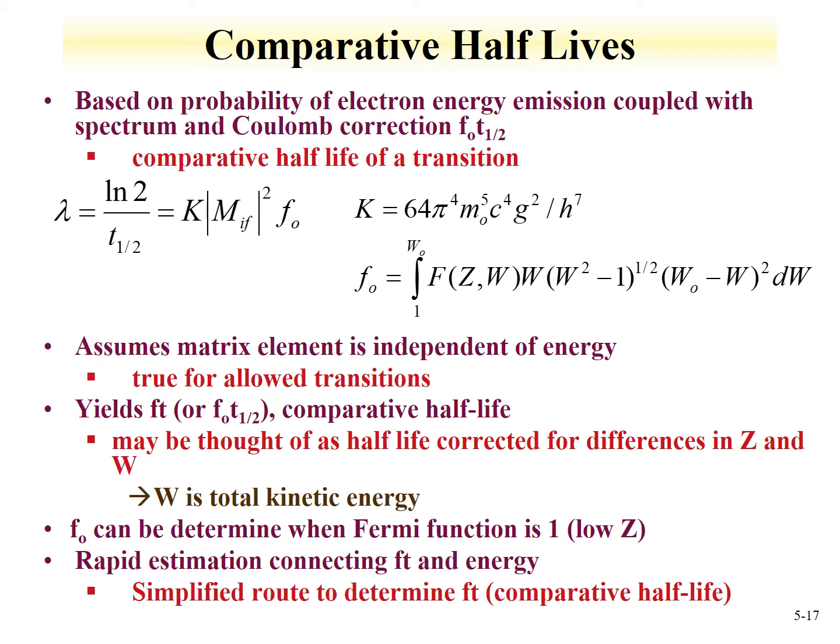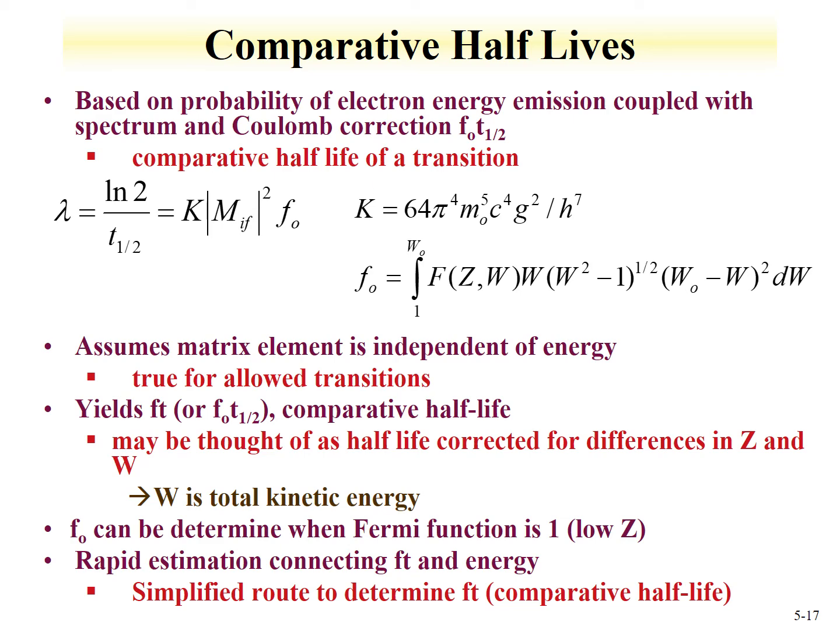We can use this information to develop something called comparative half-lives. This is based upon the probability of an electron energy emission coupled with the spectrum and Coulomb correction. And we're going to call this Ft, or F naught T1/2. This is basically a comparative half-life for a transition, where the decay constant is equal to log 2 divided by T1/2, which is equal to K, our matrix element, and this F term.